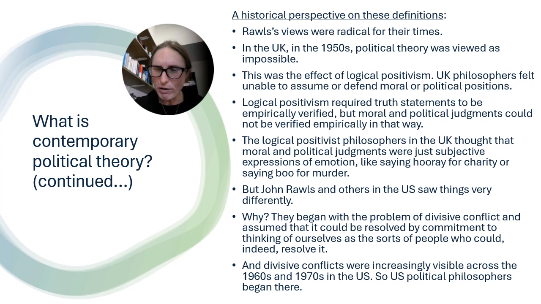So it was quite radical for that time. And in the recommended reading, I've provided you with 2 chapters that explain what was going on in the UK in the 1950s and how the US political philosophers in the 1960s, like John Rawls, were very different.